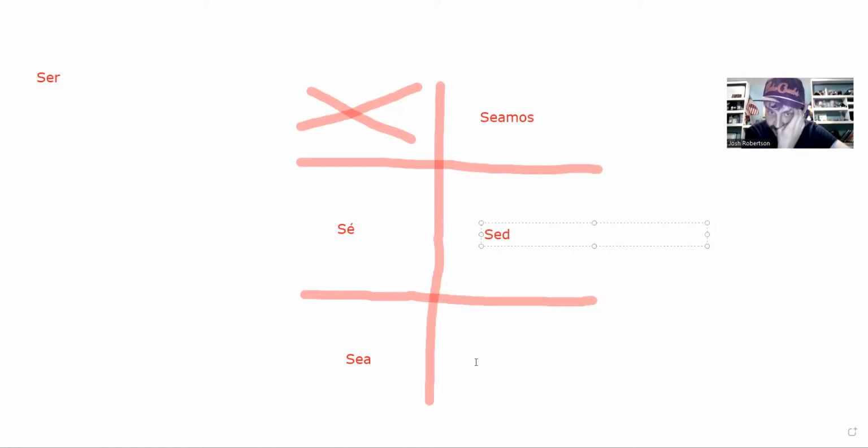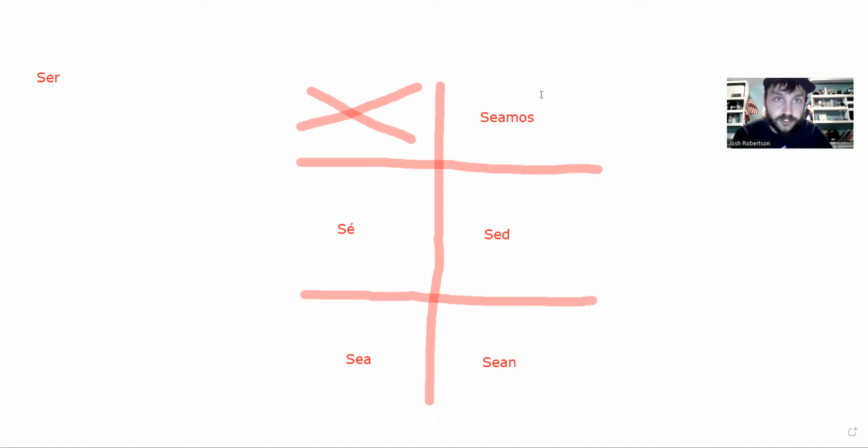Ellos, ellas y ustedes sean. See that? Now, ser in the affirmative imperative, no conjugation for the yo. Tú sé, él, ella y usted sea, nosotros y nosotras seamos, vosotros y vosotras sed, ellos, ellas y ustedes sean. See that?